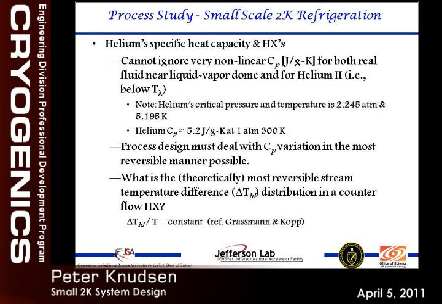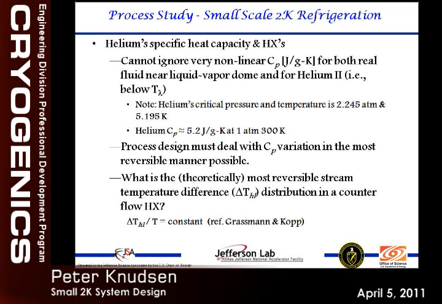Okay, it's worth talking too about helium-specific heat capacity in the heat exchangers. So the Cp, which is the heat capacity at constant pressure for helium, for the real fluid is very non-constant for the range that we're interested in.